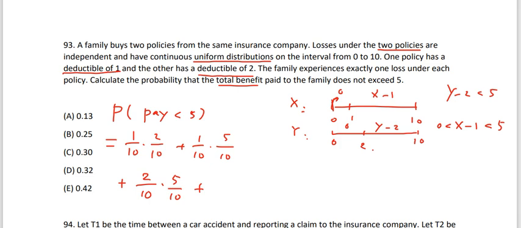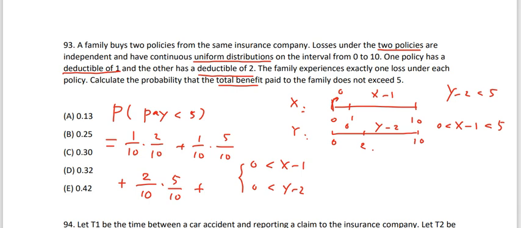Then plus, both of them need to pay, so after the deductibles we have x minus 1 larger than 0 and y minus 2 larger than 0.